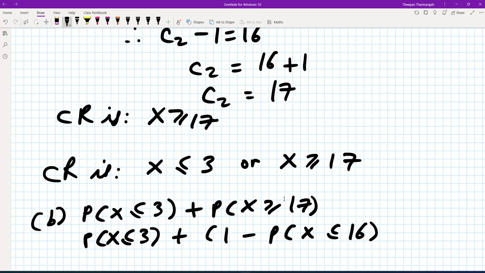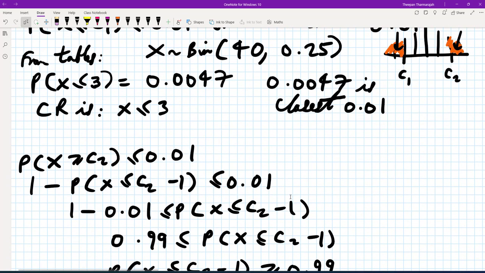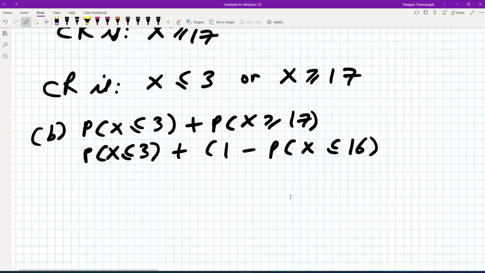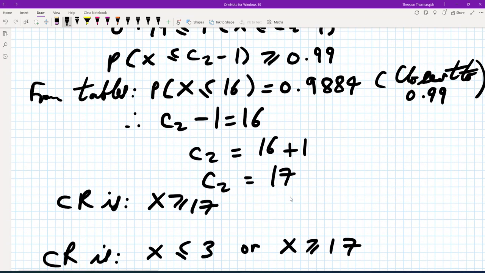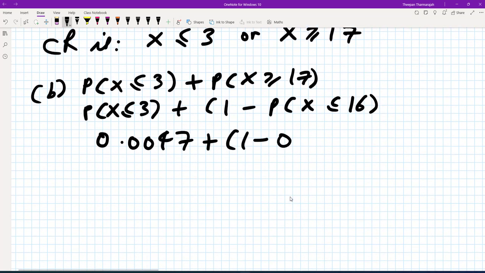In our case, we know what these values are from our tables. The probability that X is less than or equal to 3 is 0.0047, so we can write that down. Plus 1 minus the probability that X is less than or equal to 16, which in our case is 0.9884.